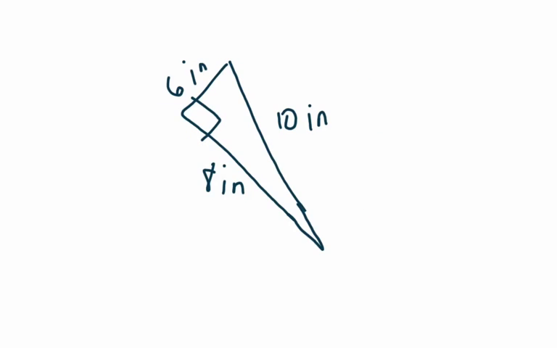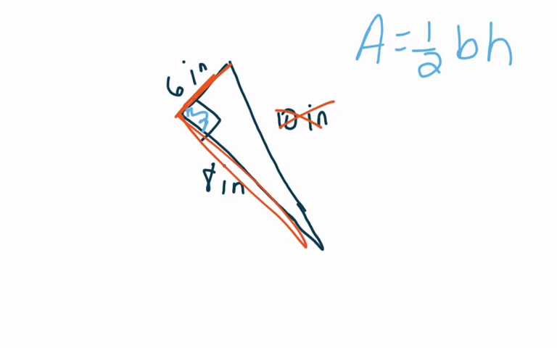Okay, let's calculate another one. We have another right angle here. Here's our right angle. So which number are we eliminating? We are eliminating 10, because we want the base and the height. So again, the formula is area equals 1/2 base times the height.